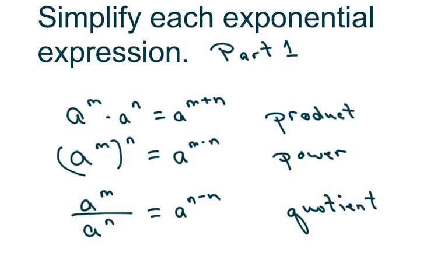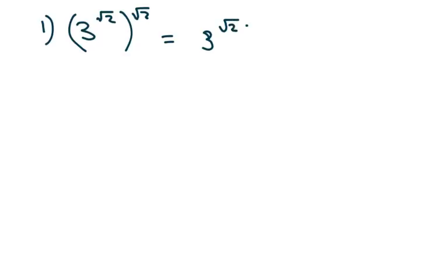Okay, so we're going to get started, and the first one we're going to do is number 1, 3 to the square root of 2 times the square root of 2. Now that's our power property, and so basically it's 3 to the square root of 2 times the square root of 2.